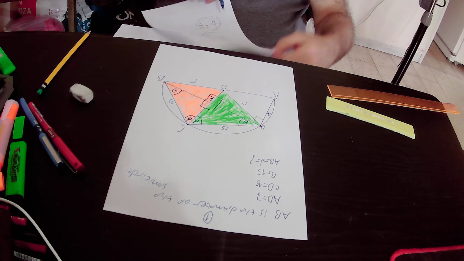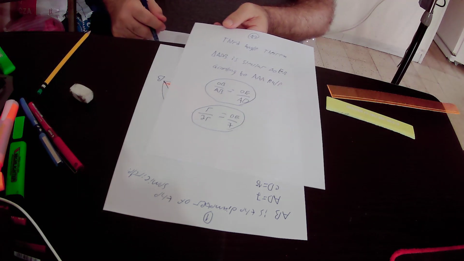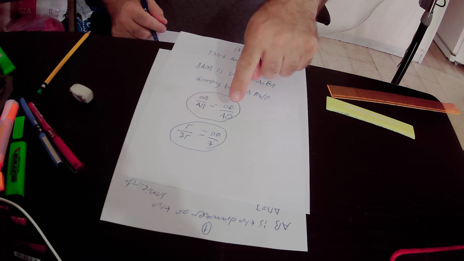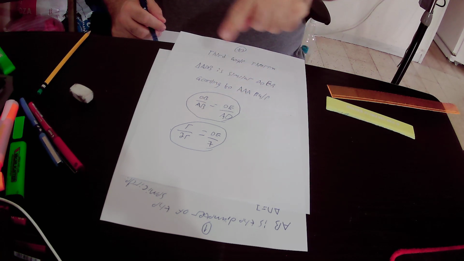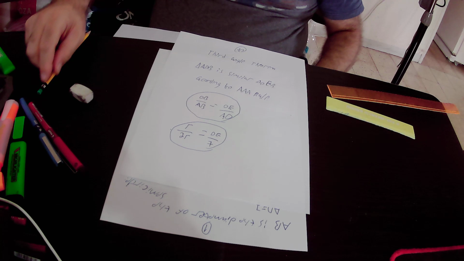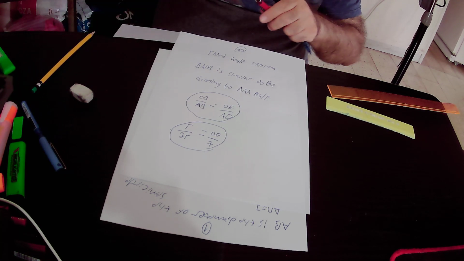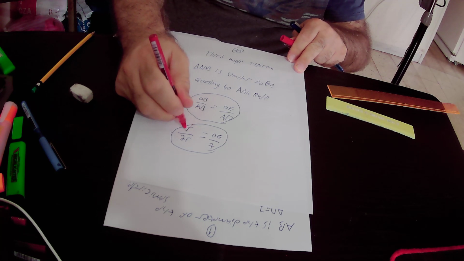So in total we got that R over 2R equals OE over 7. R over R is 1, so R is cancelled.